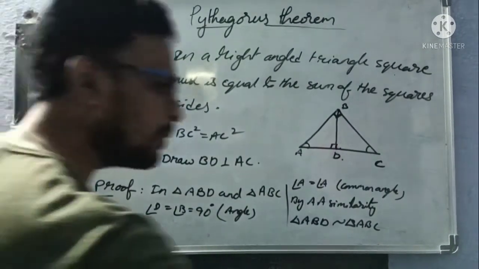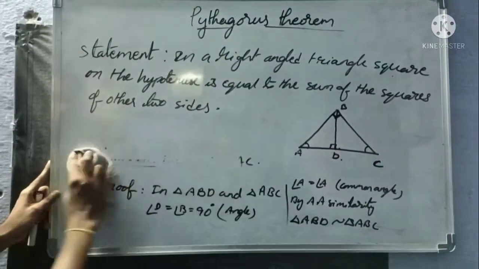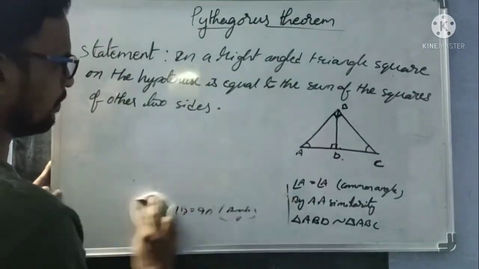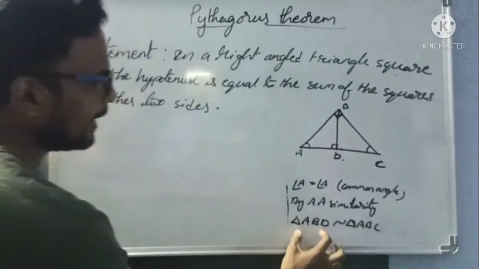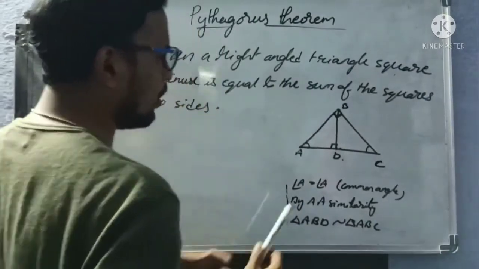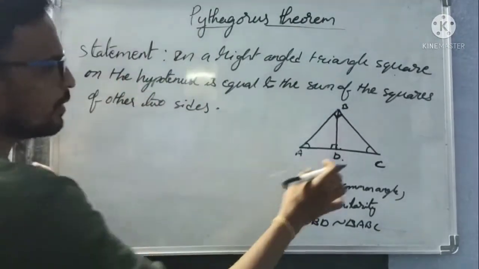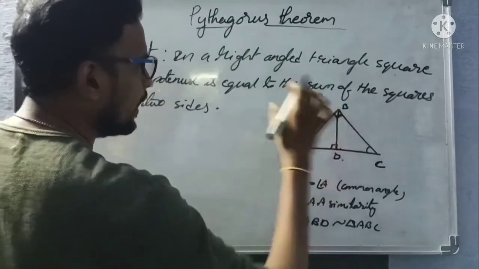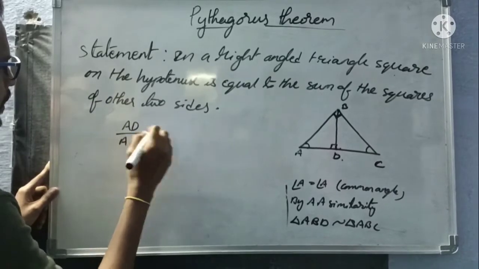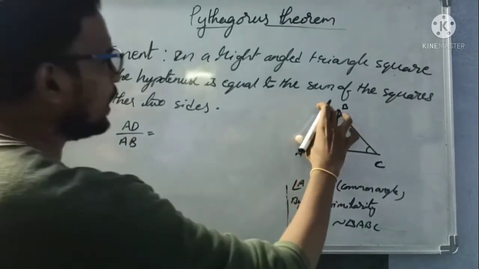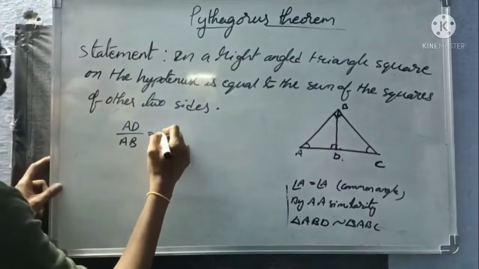So now let us prove the remaining part. We have proved that triangle ABD is similar to triangle ABC. Now we have to take the corresponding sides. AD by AB is equal to AB, the base, by AC, right?